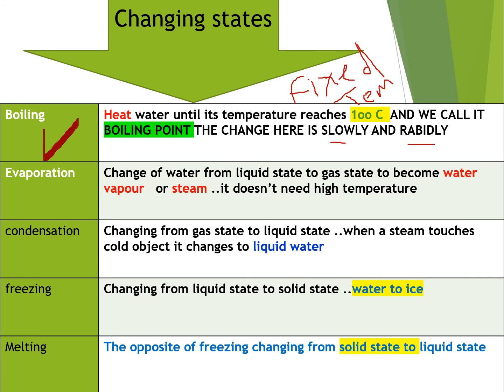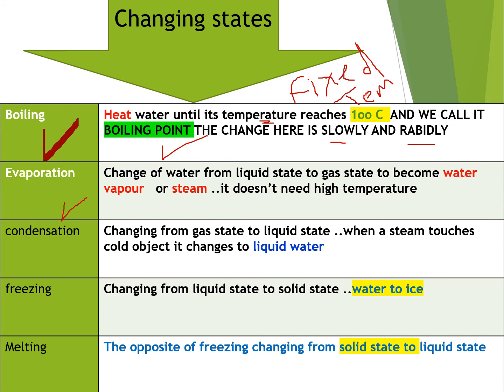If I asked you what is the boiling point, you will say it is the temperature at which water changes from liquid state to gas state by boiling, and it equals 100 Celsius.